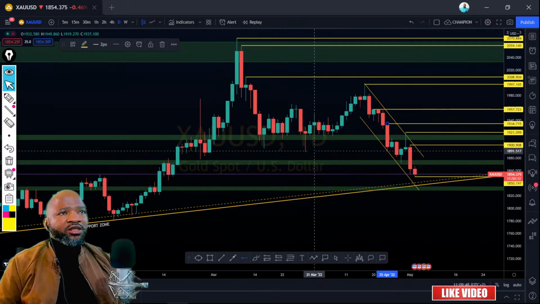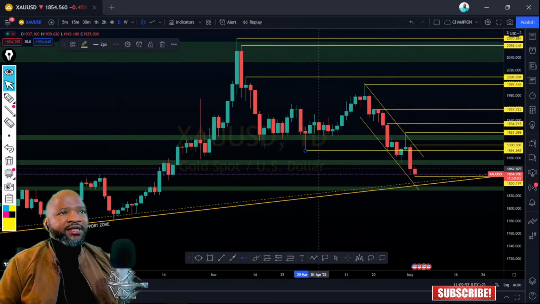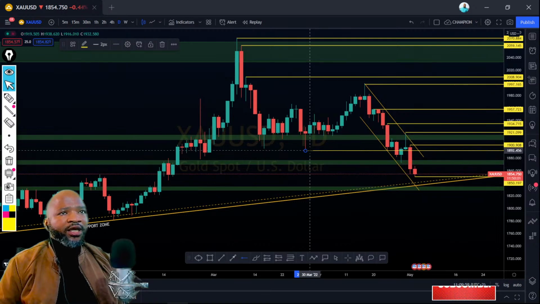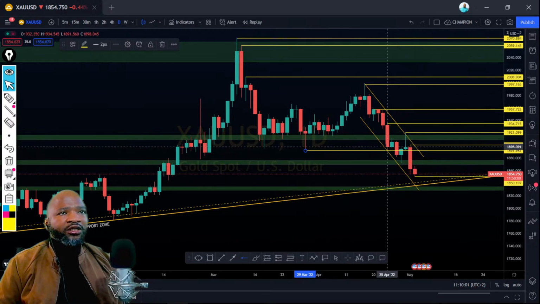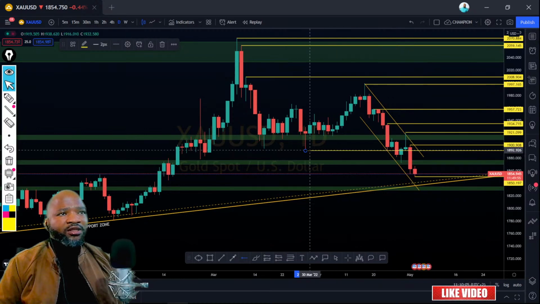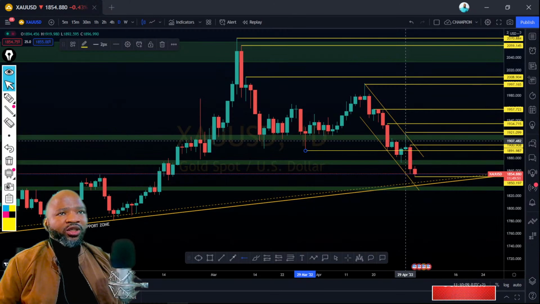As you can see, this week here, there's a rejection candlestick, there's a long wick here, and right where I place this horizontal line, you can see that the price respected the previous support. It was a support previously, so you can see that our price also rejected there, a bullish rejection.